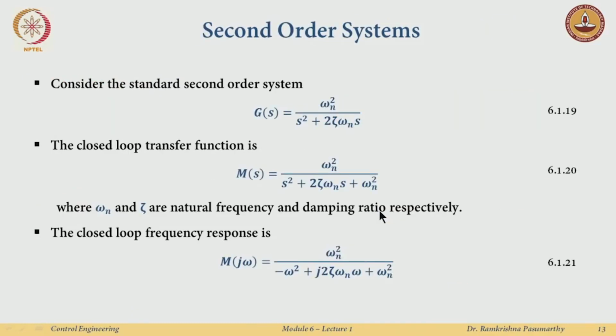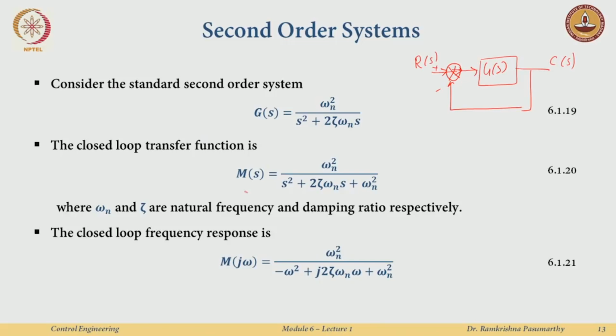Again we start with a typical configuration of the closed loop, and I have a certain reference signal, then I have G of s given by this, then I have a unity feedback, and a certain output C of s, a plus, a minus, and so on.